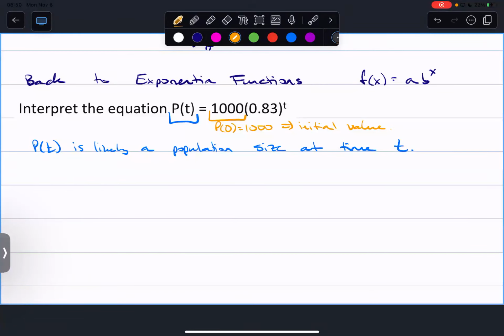Nice. So here, what's one of the clues that you're using? This you can rewrite as 1 plus r, right? 1 plus r, but it's less than 1, so that tells me that r must be negative, right? So 1 plus r is equal to 0.83, which means that r must be negative, what'd you say, 0.17?